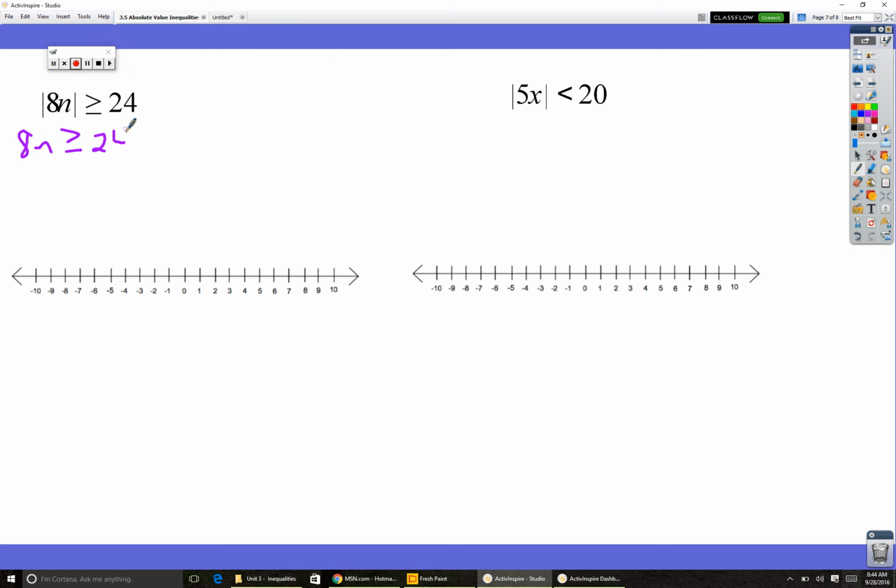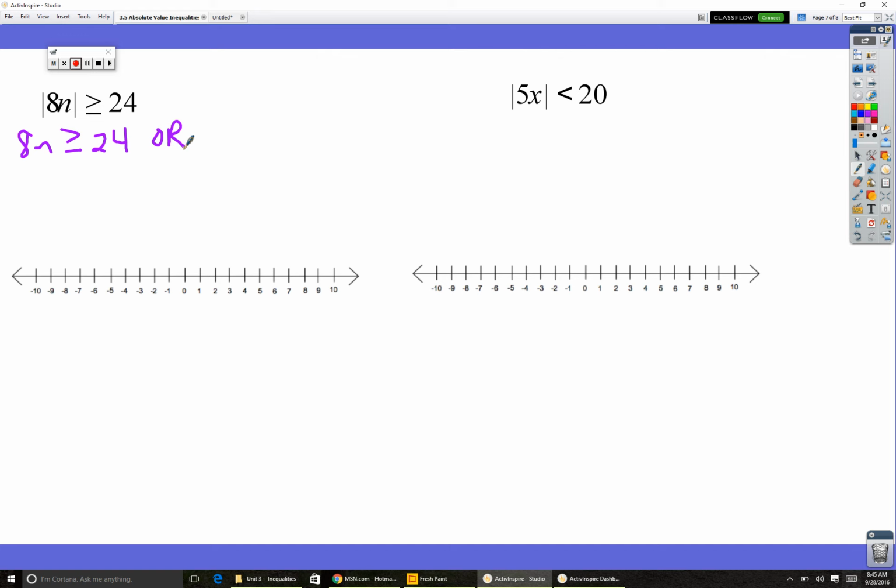Okay, and am I going to use an and or an or? I'm going to use or. Can anyone tell me why I'm going to use an or and not an and? Sophia? Greater than. Anytime you have greater than, you're going to use an or. Anytime you have less than, you're going to use an and. So I'm going to have or.